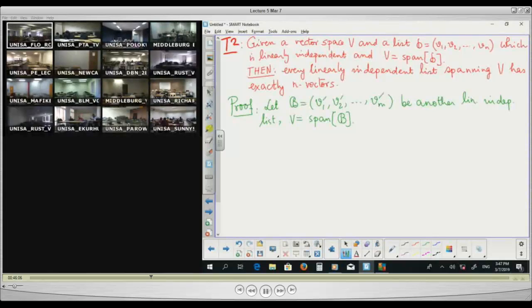So by T1, this list introduced one element. Okay? So it's a linearly dependent list.